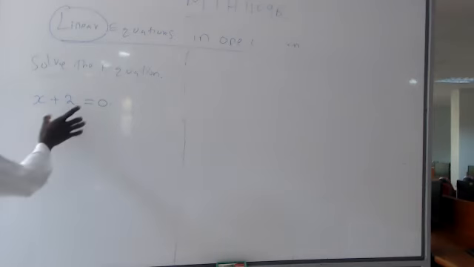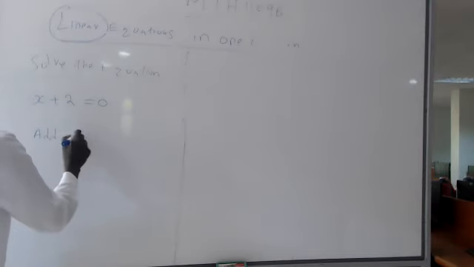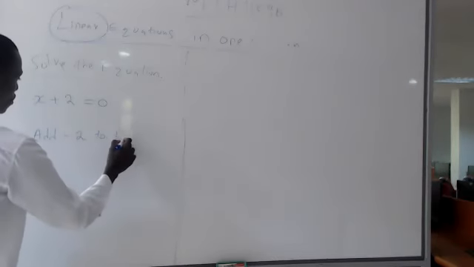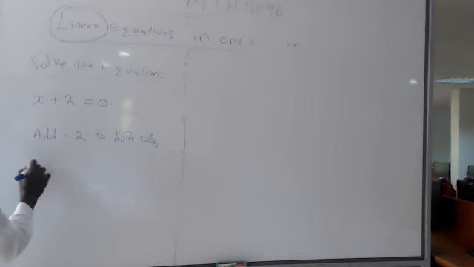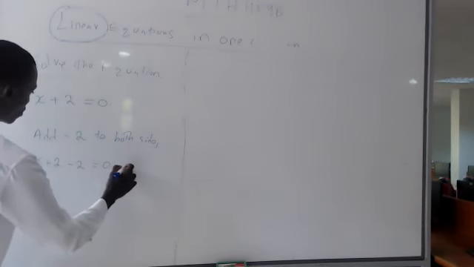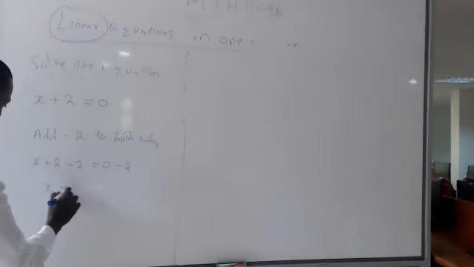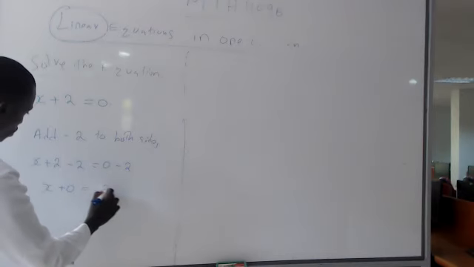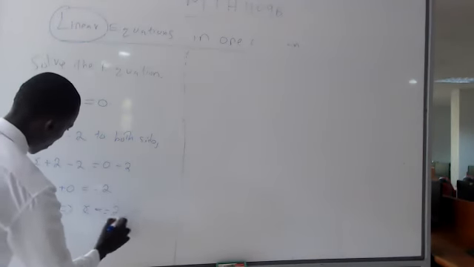So in this case, let us add -2 to both sides. We will have x plus 2 minus 2 is the same as 0 minus 2. What is 2 minus 2? Well, that's 0. So we have x plus 0 is -2, which simply means that x is equal to -2.